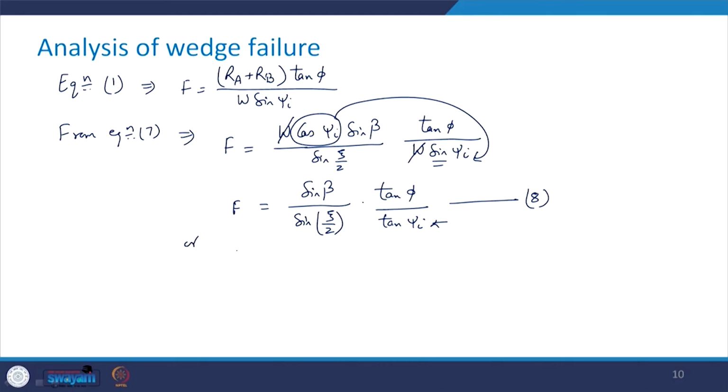Or I can write that the factor of safety for the wedge failure will be some factor k into Fp.